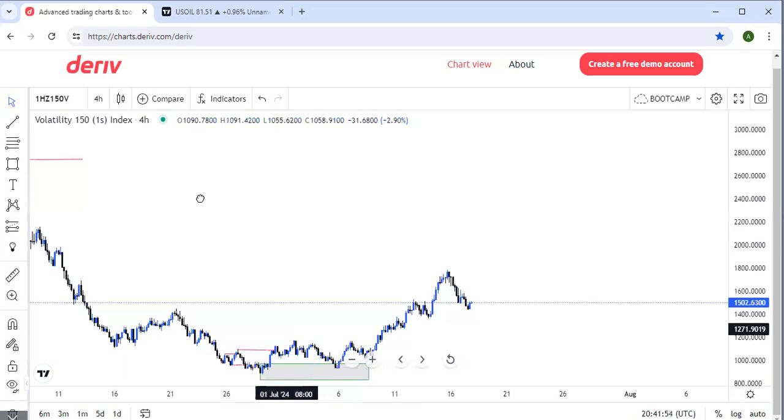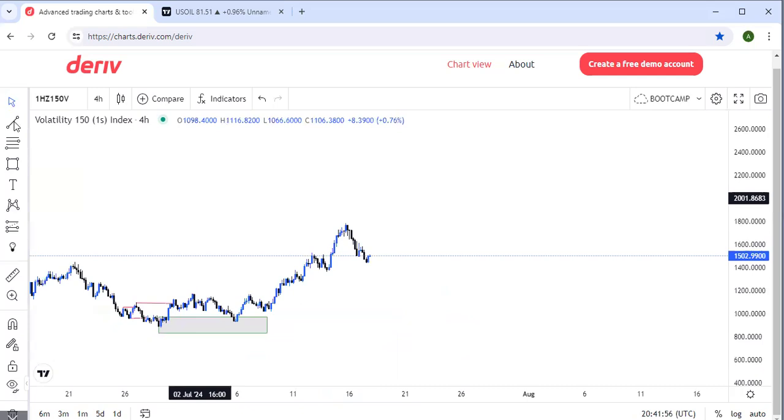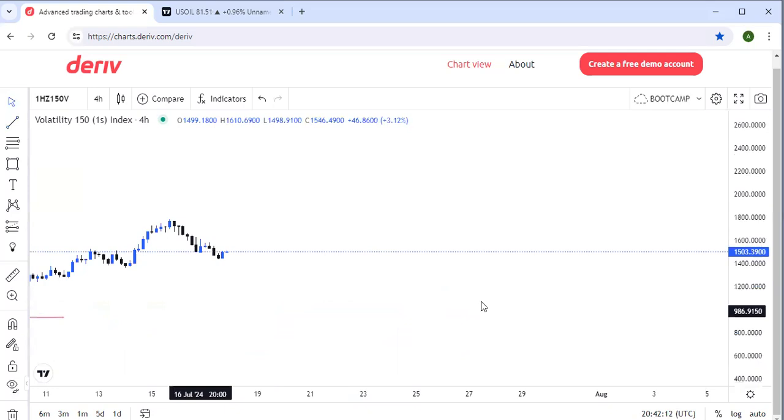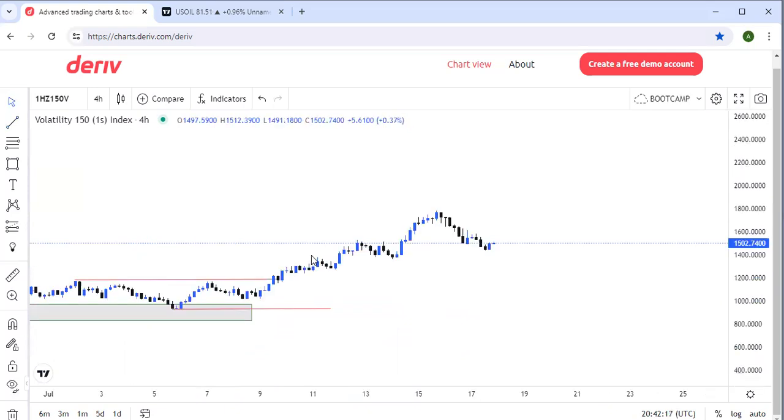Now, since the high has been taken, price is now bullish. So we have this new high here, and then we have this low. We don't have any other one.